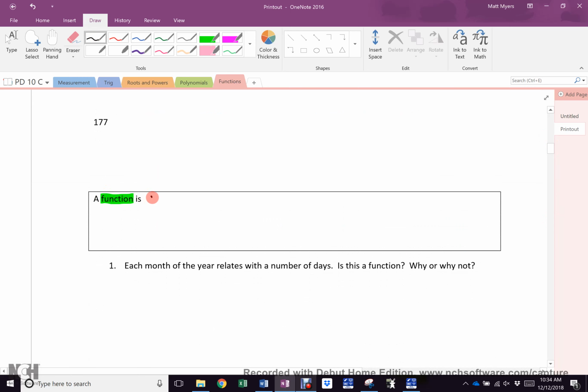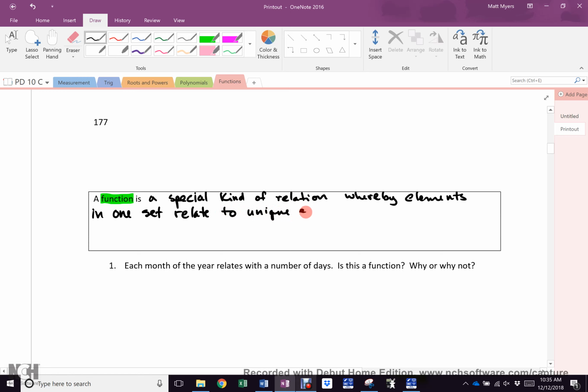A function is a special kind of relation whereby elements in one set relate to unique elements in the second set. Try to leave some blank space down here because I'm going to talk a little bit more.